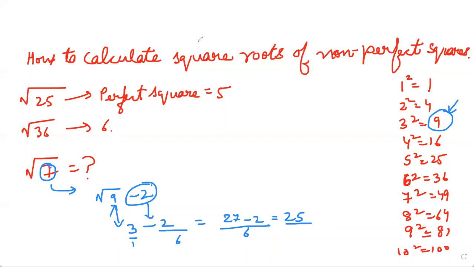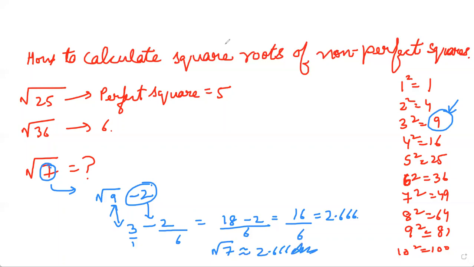Here you will write 18. Okay. 18 minus 2 is 16 upon 6. Okay, 16 upon 6. And you can calculate 16 upon 6. Its value will be 2.666. Okay. So the value of root 7 is approximately 2.666. This is the answer.